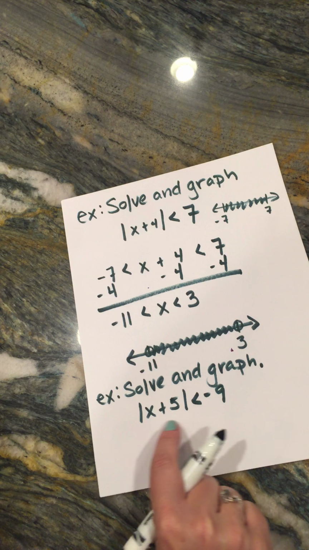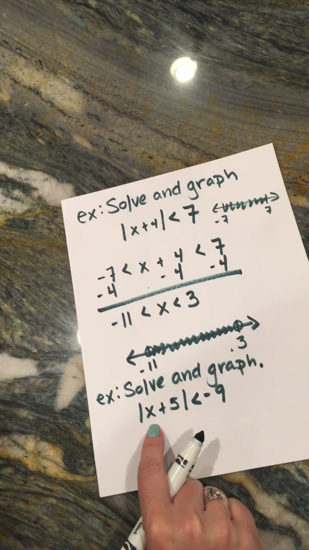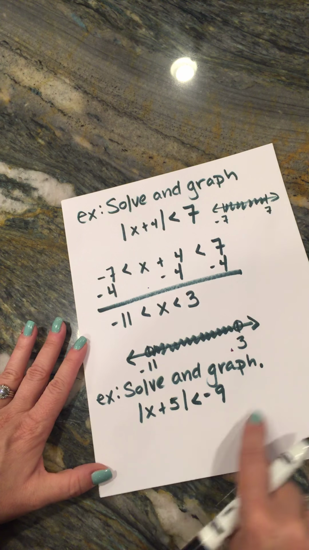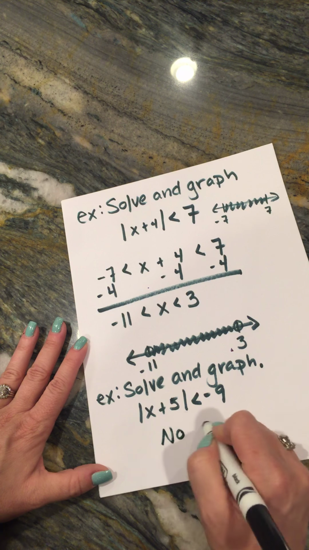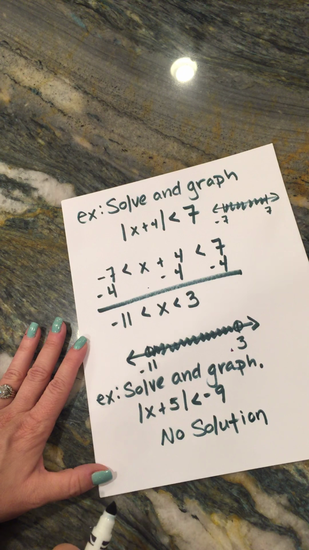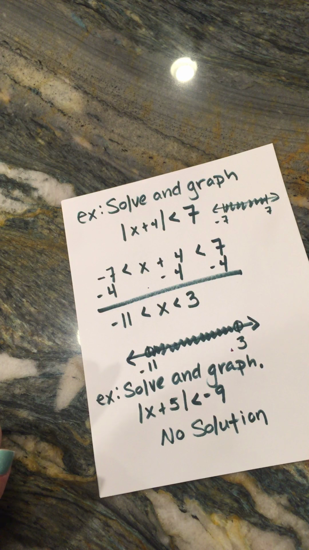What is absolute value? It means a distance, right? Can you ever go a negative distance? No. So you can never have a negative distance. Therefore, this has no solution. If you're ever less than a negative, you cannot have a solution.